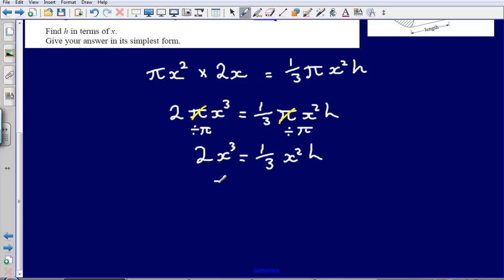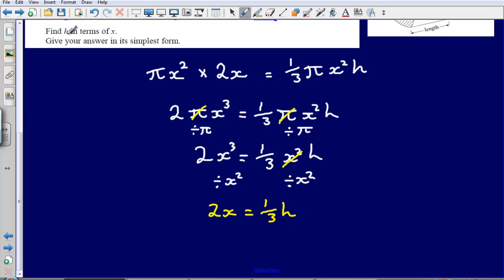Now I'm going to divide both sides by x squared. On this side, that's going to completely eliminate the x squared. On this side, I'm going to be left with 2x, and so 2x is equal to 1/3 h.